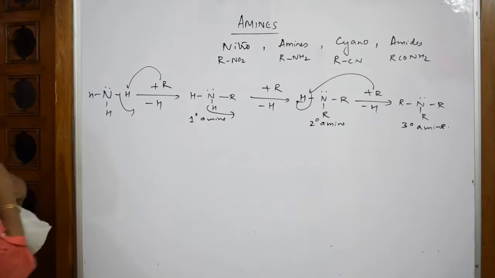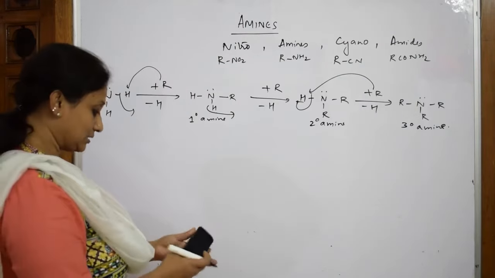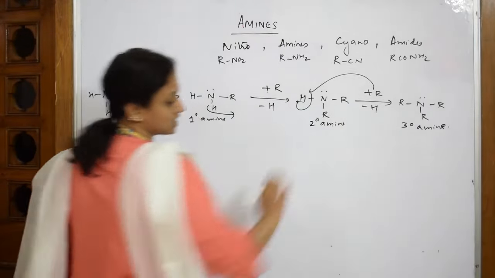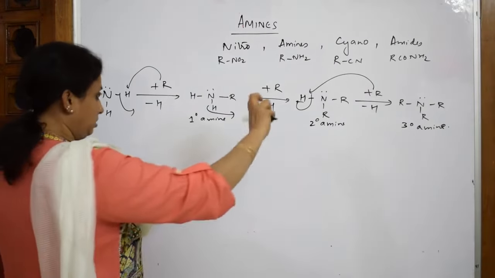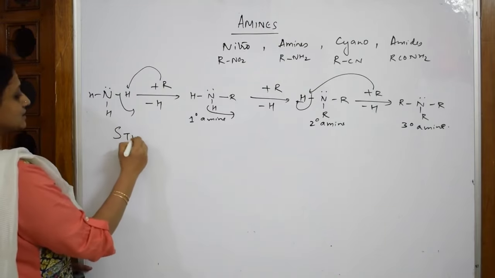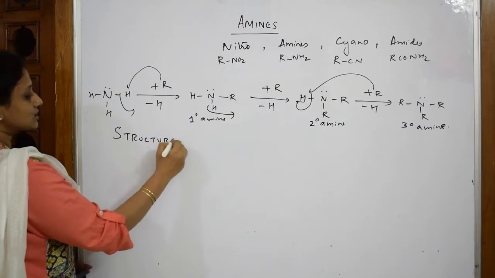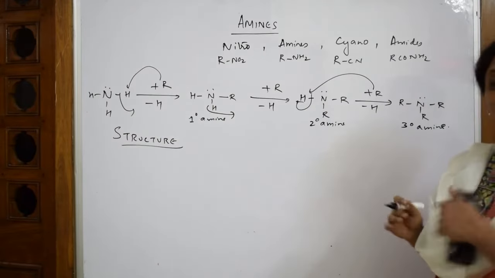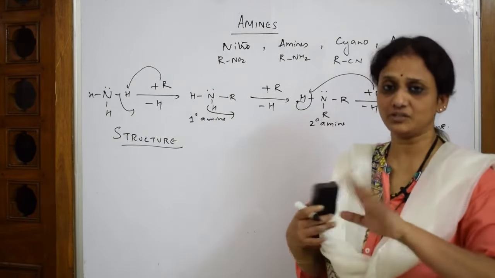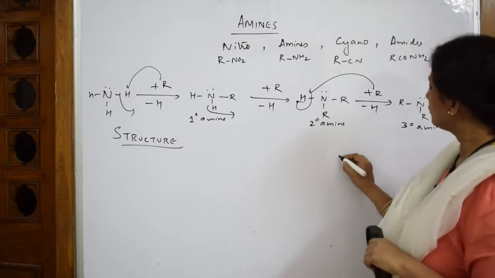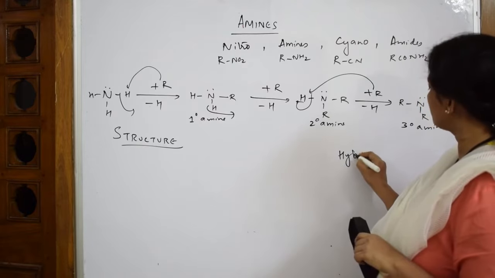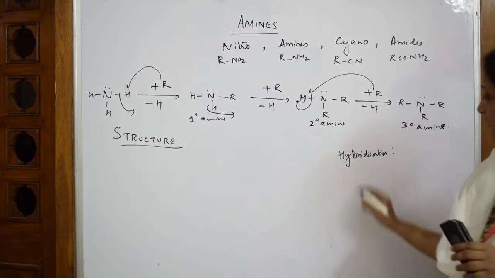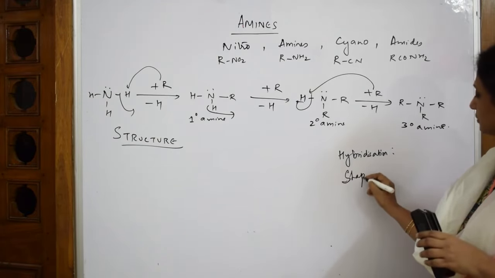Now when I have to learn the structure of an amine, how should I learn it? Simple. Whenever you're learning the structure of any particular molecule, the criteria for learning or explaining the structure are these. First, you explain what the hybridization is. Second, you explain the shape of the molecule.